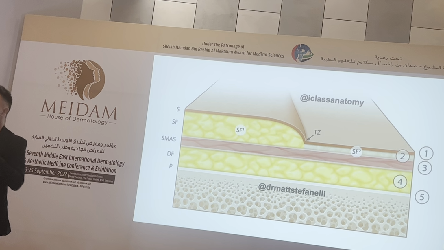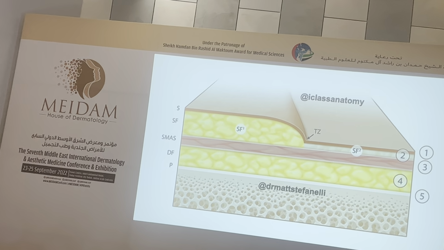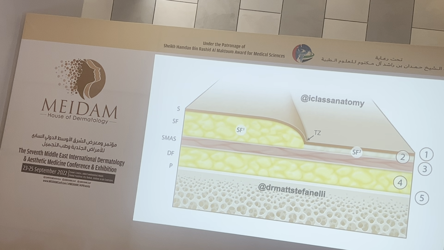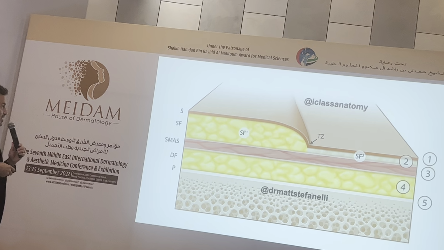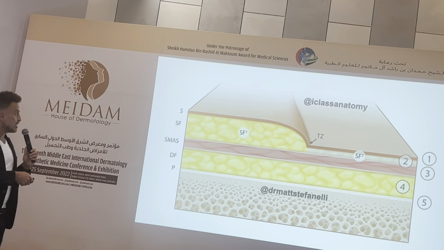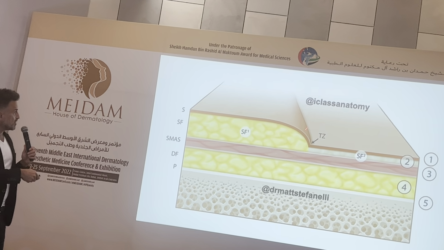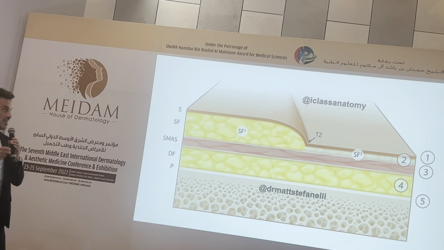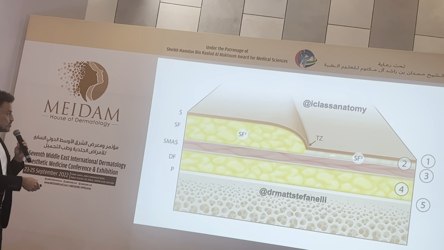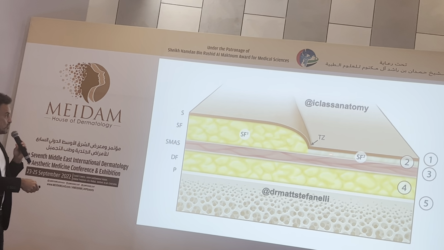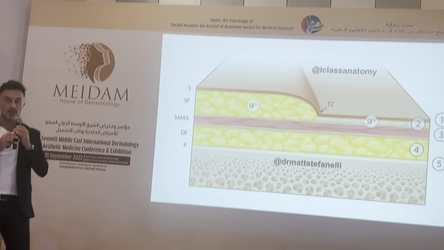There is a question about where we should stop the thread. If you take, for example, the nasolabial fold, shall we go beyond the fold? No, completely useless, and even worse, it can create dimples, because actually this is the cheek, then this is the fold, and here this is the lip. So if you put a thread beyond here, you are not going to tighten anything or lift anything, because here this is a different fat.